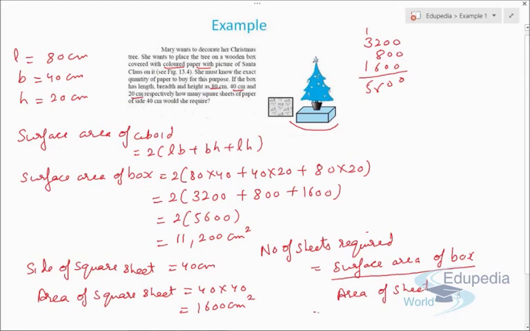So this will be 11,200 divided by 1600. When we divide this, it will come out to be 7. So number of square sheets required will be 7. This is how we can solve these types of questions.